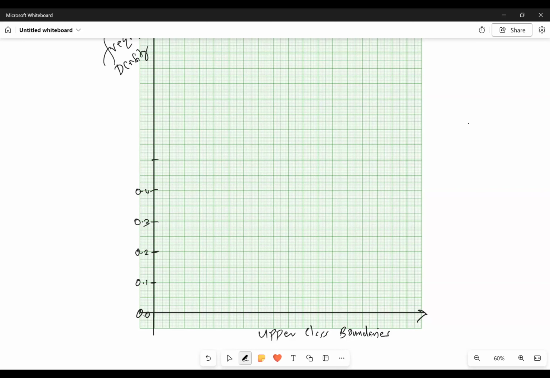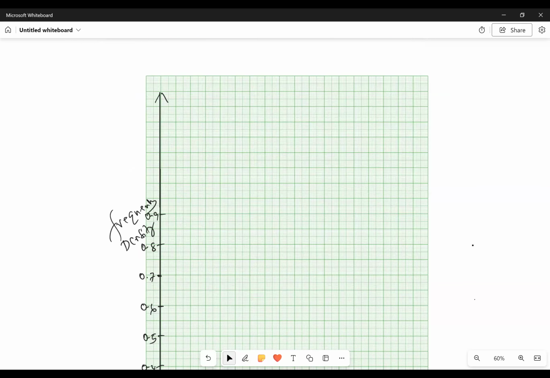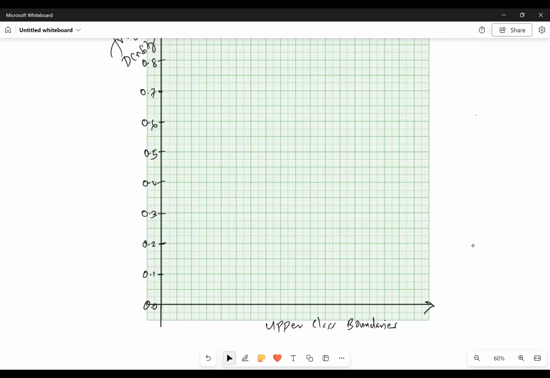This one is 0.5. This one is 0.6. This one is 0.7. This one is 0.8. This one will be 0.9. And then 1.00.